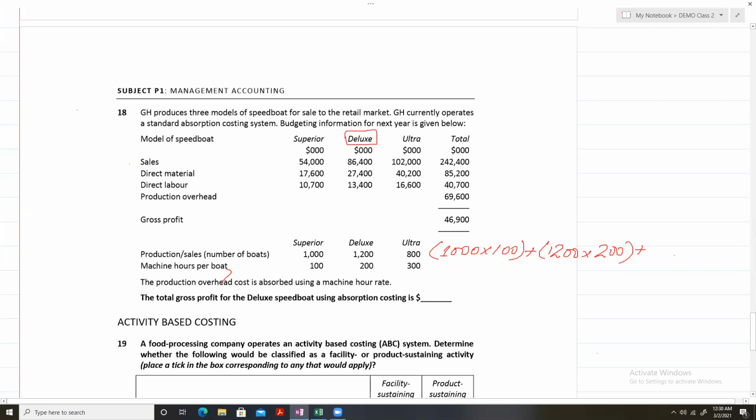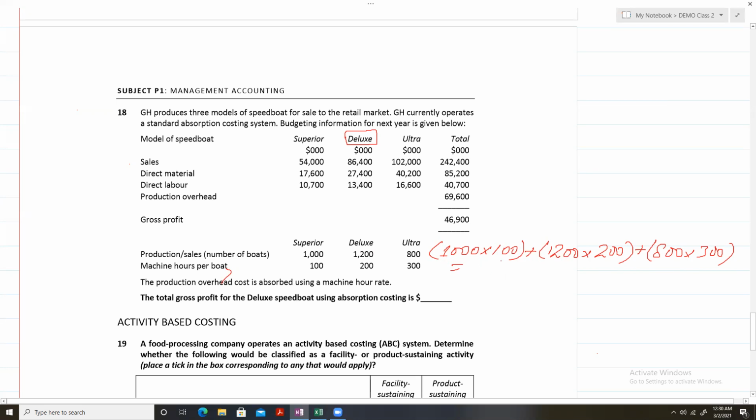Ultra, 800 ultra boats are produced, and each boat takes 300 hours. So this is how we calculate the total number of machine hours: multiplying the number of boats by the machine hours taken by each boat, we will get the total number of machine hours.